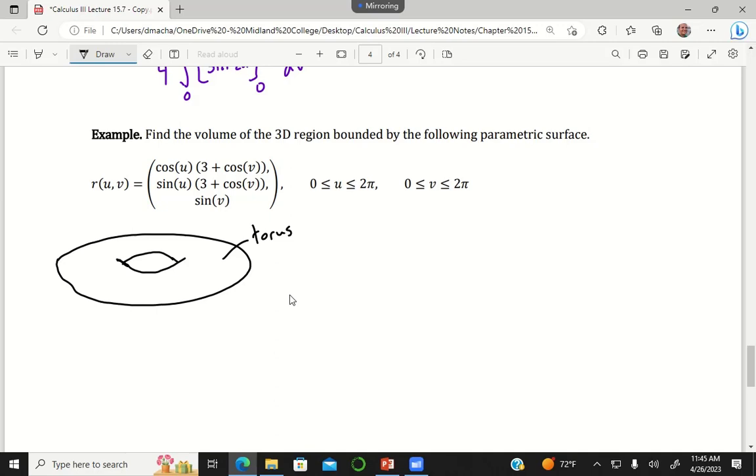What you might try to do if you wanted to find the volume of the torus is think about the divergence theorem.